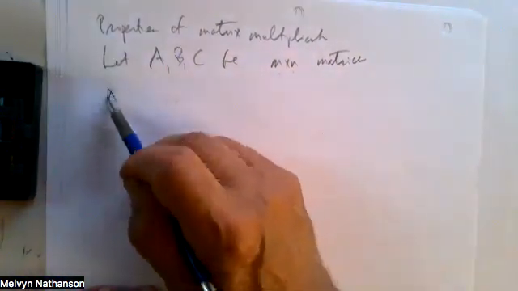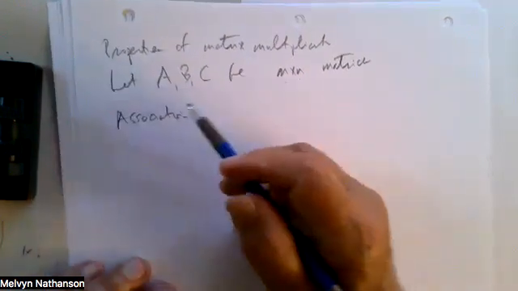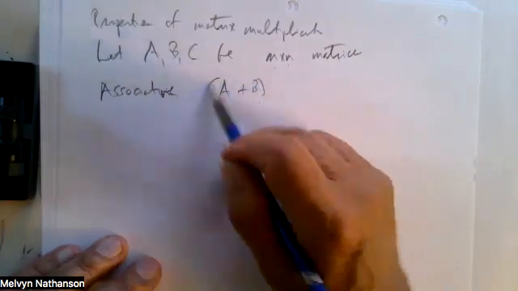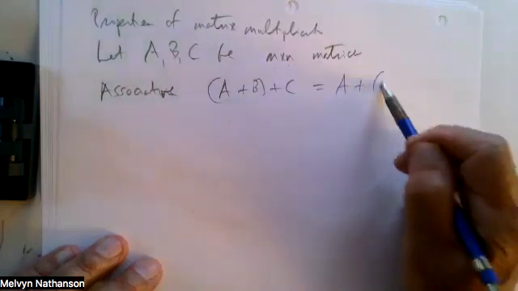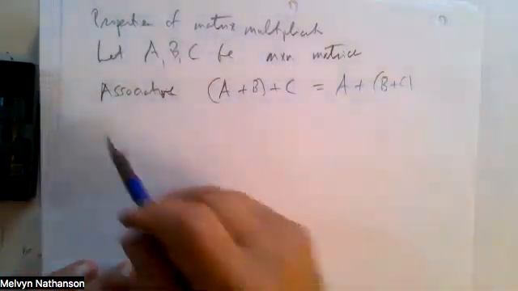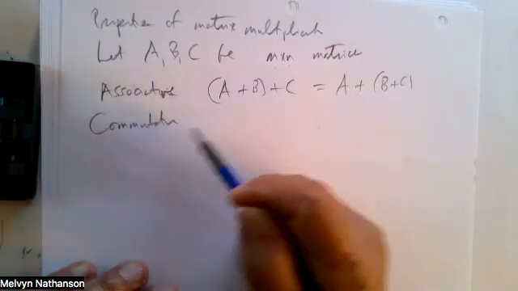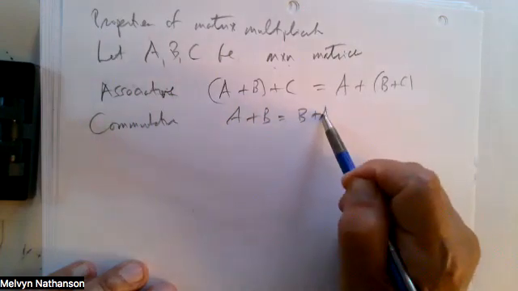One can check that all of the nice properties of addition hold. It's associative. So if you take A plus B and add C to that, that's the same as adding A to B plus C. It's commutative. A plus B always gives the same result as B plus A.